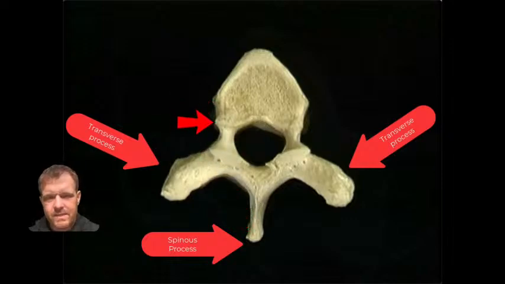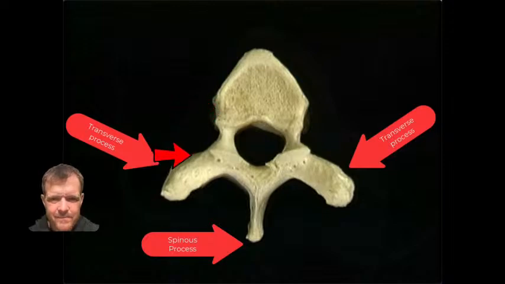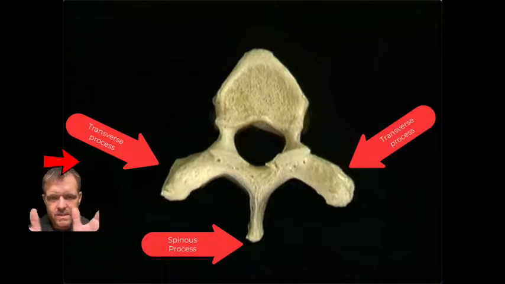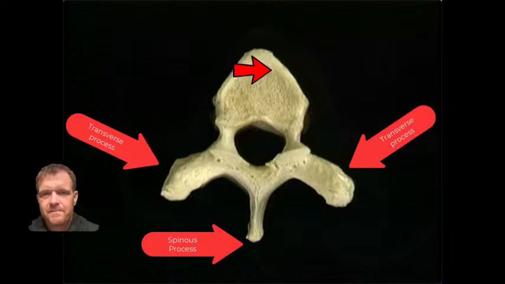Okay, and we know that this is a thoracic as well because there is a little indentation here and a little indentation here, and that's where the rib attaches and comes around. Okay, so we've got these little facet joints on the transverse process and on the body where the ribs attach, but we'll talk about that when we get to the thoracics. So that is a thoracic vertebra.